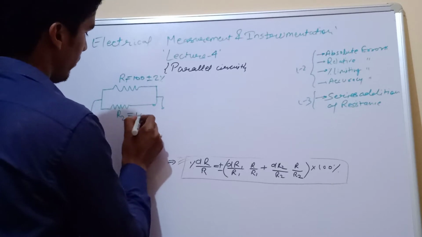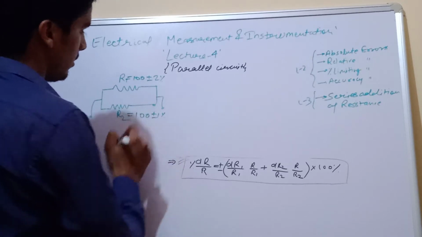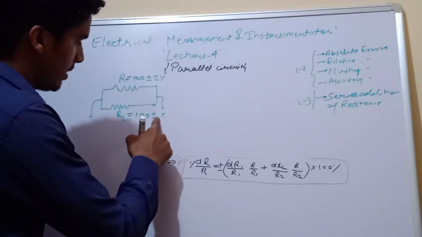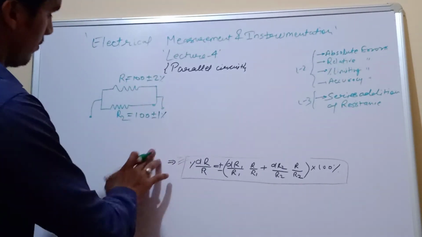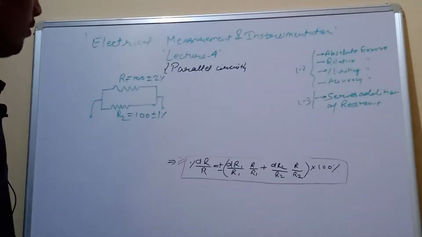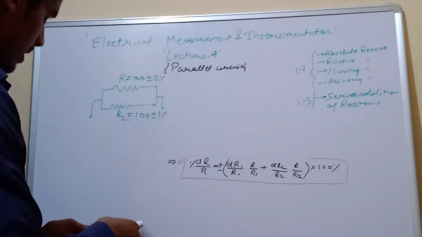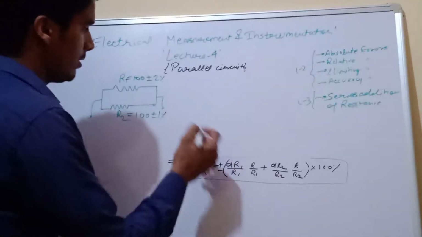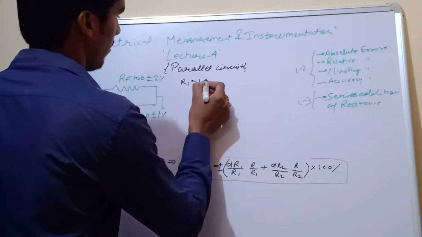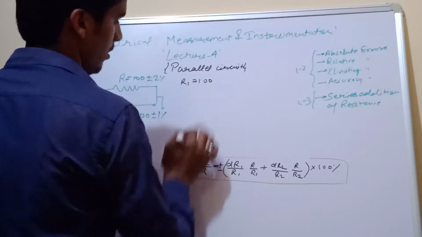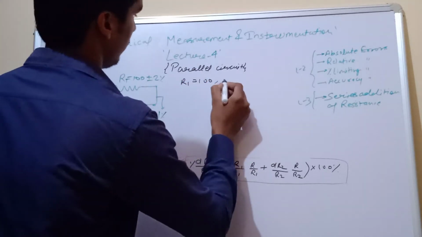The R2 value is given as 100 plus minus 1%. Now what is the value of R1? It is 100. What is the value of dR1?